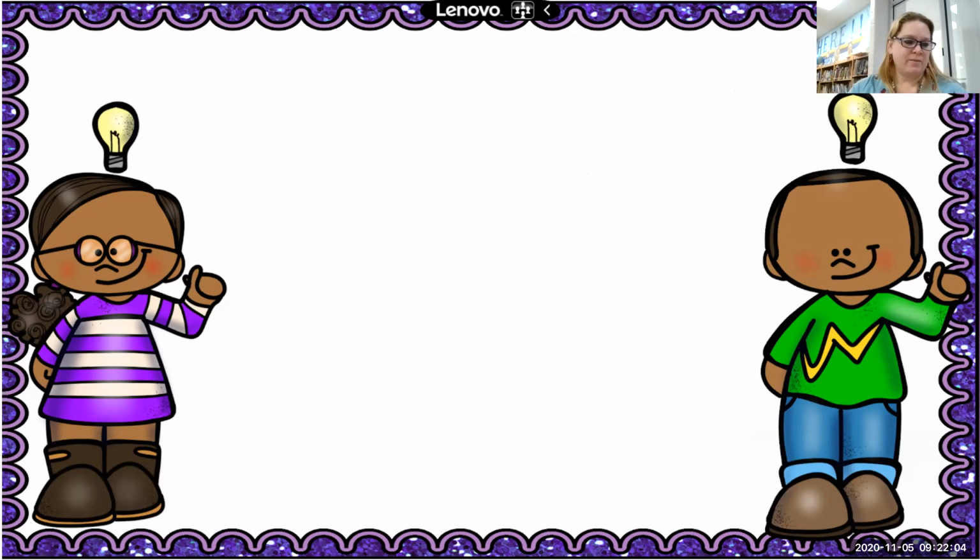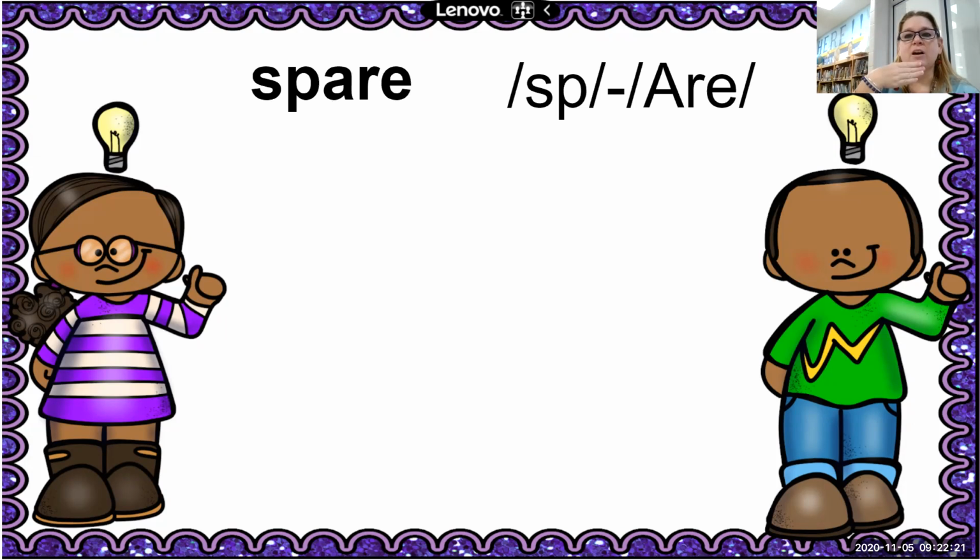Good. All right. Our last one is Dad always has a spare tire in the truck. Spare is the word on the curve. If we break this word apart, the digraph, the sp part is the onset, and the air part is the blend.